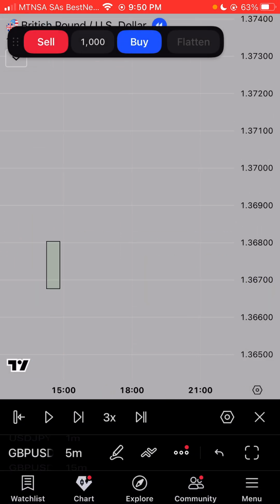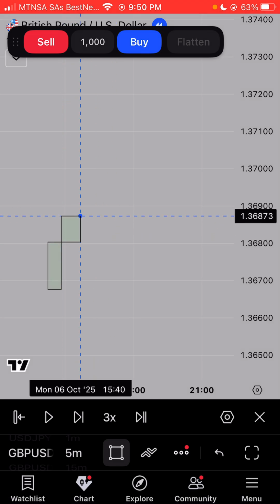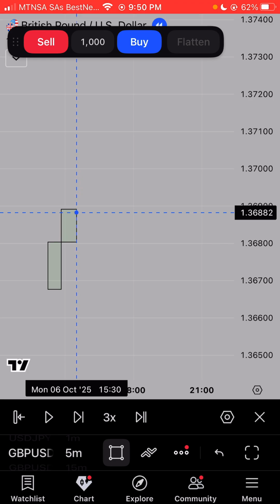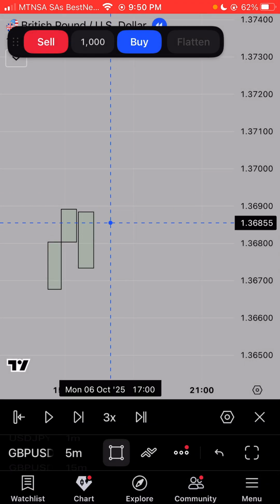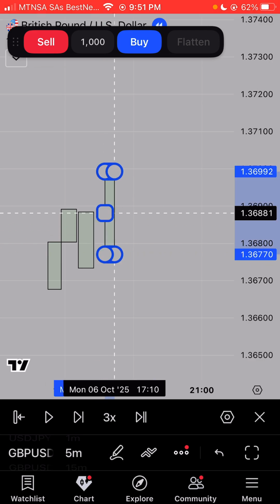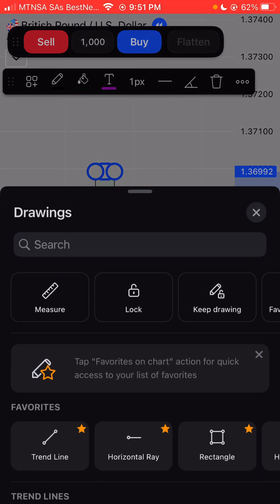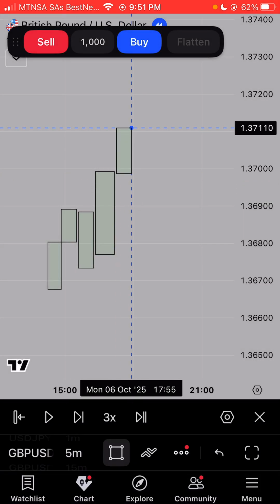Example, let me do it like this, right? Let's say the market is moving like this. Just excuse the form of these candles, right?